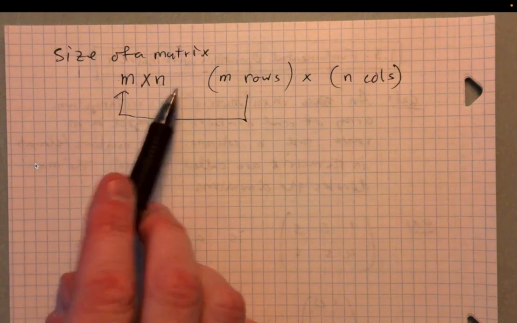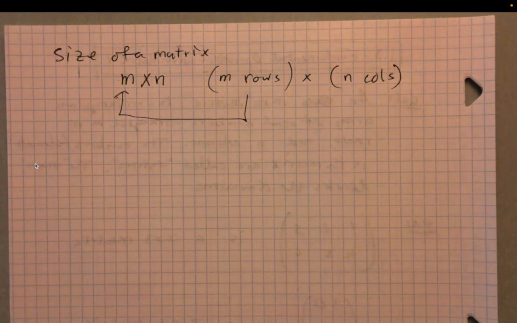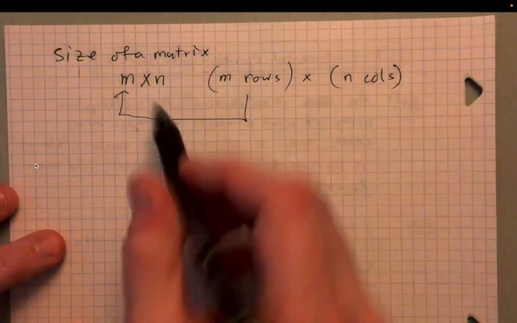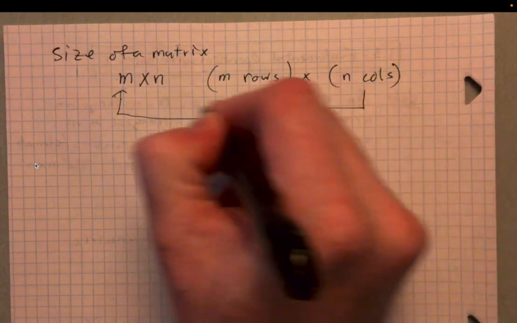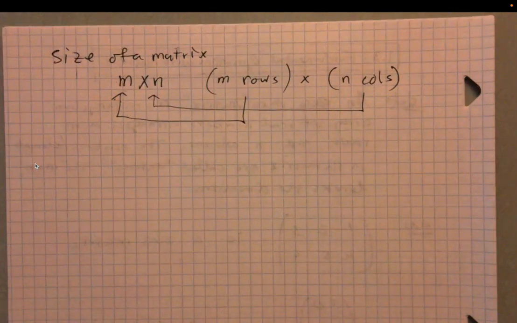It's always rows by columns. That's just a convention, and it makes interpretation easier with less ambiguity. The first entry is the number of rows. The second entry is the number of columns, and that's always right. Very rarely would you ever find any exception to that.